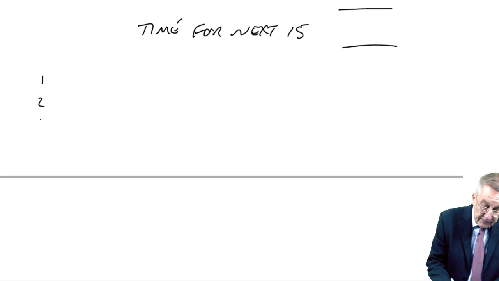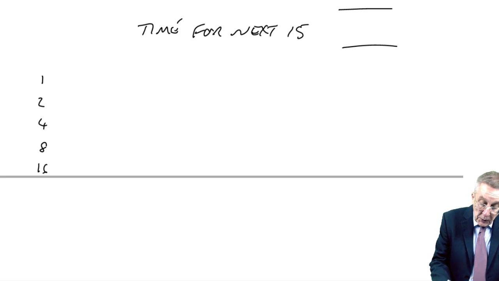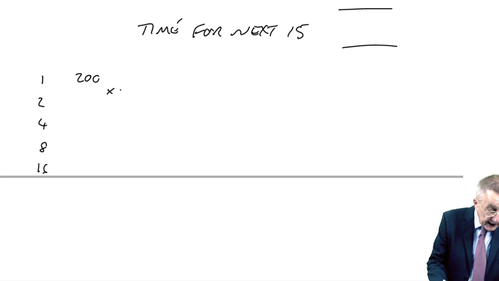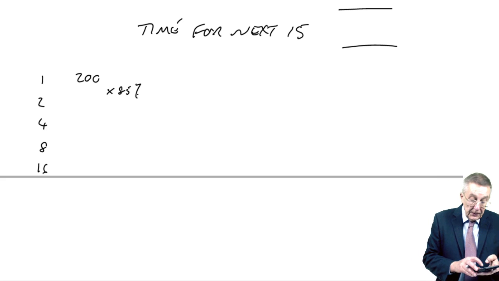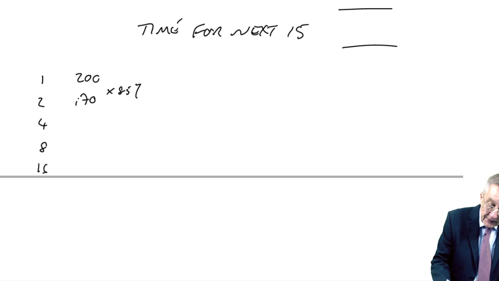It's 1, 2, 4, 8, 16. The time for the first is 200. Keep multiplying by 85%. So the average time for 2 is 170.